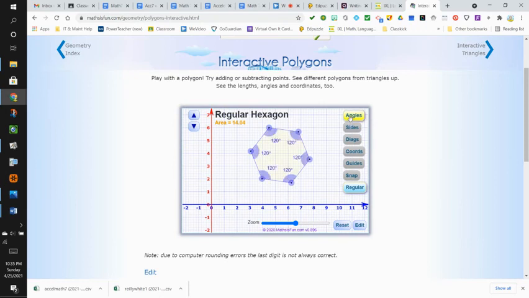You can look at what the angle measurements are. You can look at the lengths of the sides. You can make it bigger. All the sides are the same length. You could get the coordinates of each point. Really kind of complicated. Drawing all the diagonals. So just a little interactive applet here that you can mess around with, which is kind of cool.